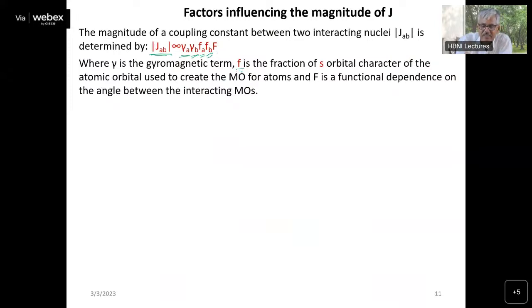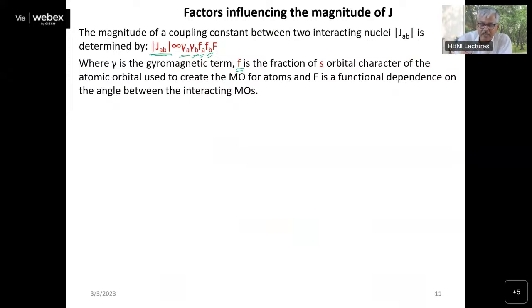This F is a fraction of s orbital character of the atomic orbital used to create the MO. Like let us say sp3. In sp3 you will see the fraction of s orbital is less than sp2 and sp. So s orbital character in the molecular orbital is very important. If it is more, you will see that the JAB value increases.